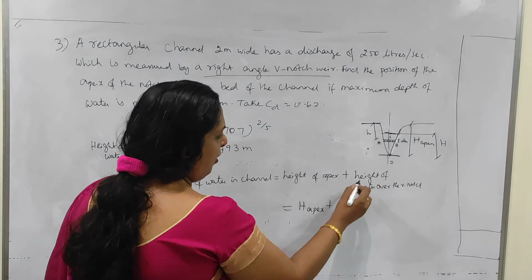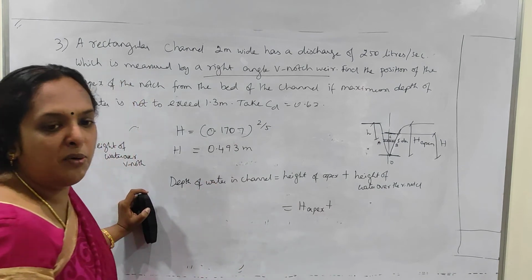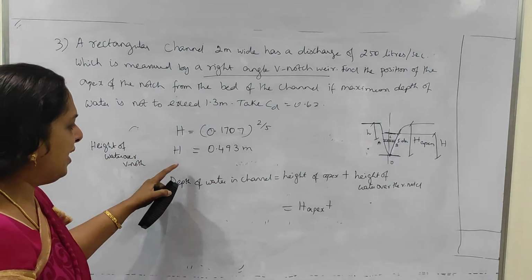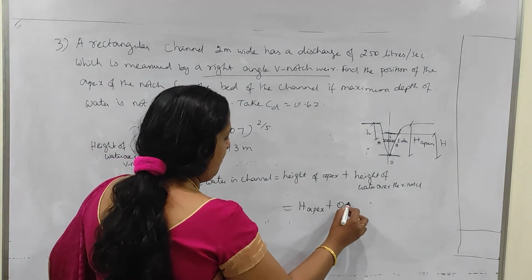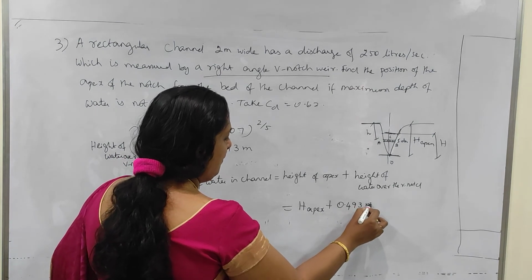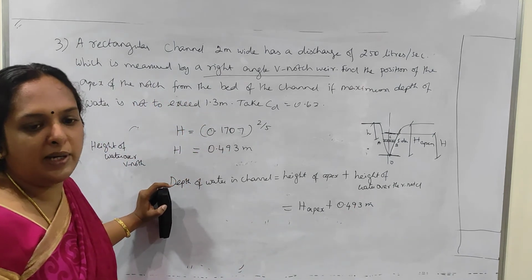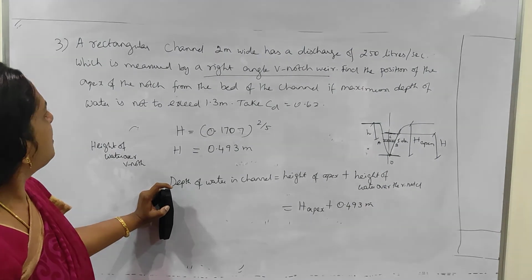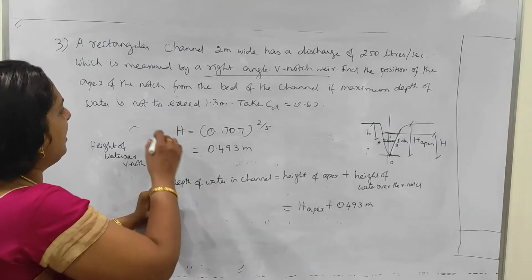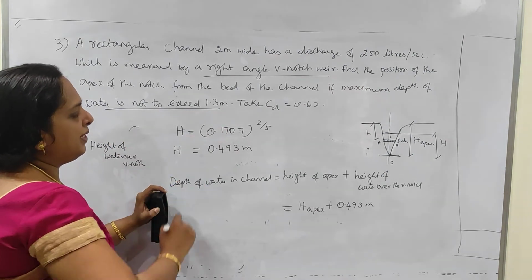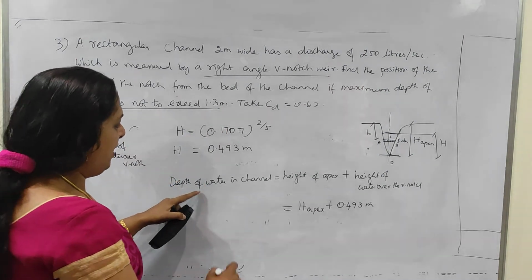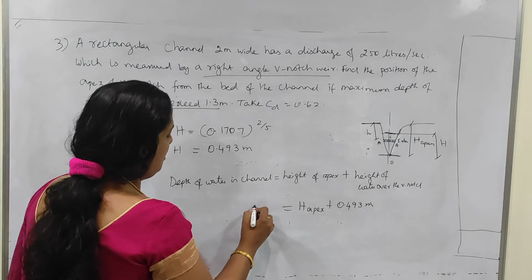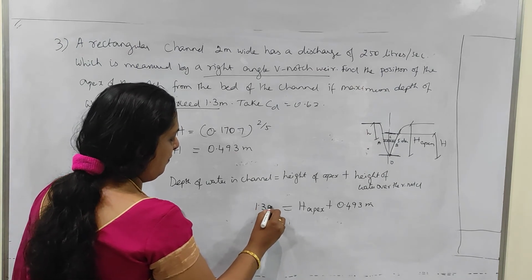And the height of the water over the V notch, which we just found, is capital H, that is 0.493 meters. So what is the depth of the water in the channel? The depth of the water is given in the problem itself: the depth of the water in the channel is not to exceed 1.3 meters. So that is my depth of the water in channel, which is 1.3 meters.